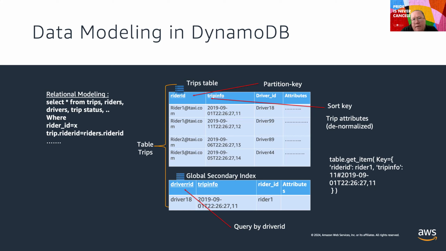Then I would have my trip information, when it started, who is my driver, what are my attributes, and that could be flexible based on the ride that I'm taking. The same goes for the driver, having the trip info, who will be my rider, who will be part of my trip, etc. In this use case, this is a really good example where they would most likely benefit immensely from DynamoDB for the real-time processing side.